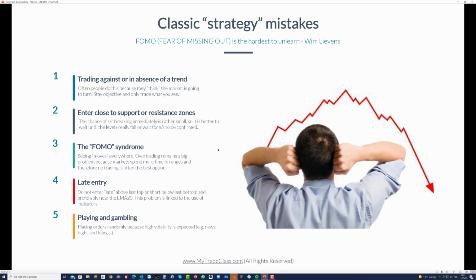The biggest issue I see is the fear of missing out syndrome. You all probably heard of it, it is basically overtrading, where people focus on signals. They have 1, 2, or 3 indicators, and when these indicators give a certain signal, they will enter the market, not looking at context.